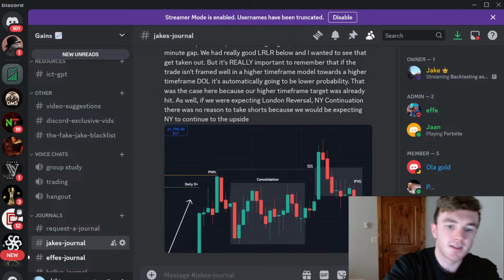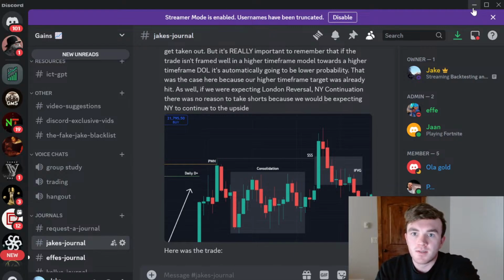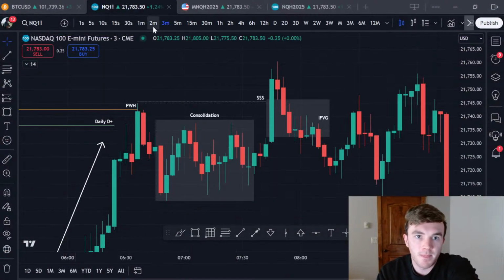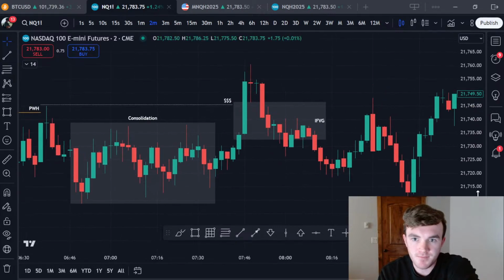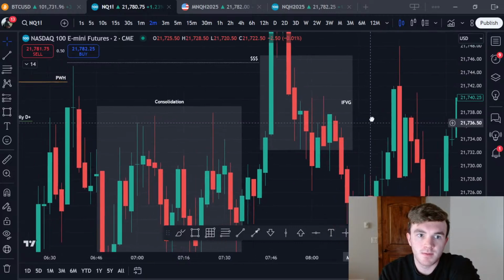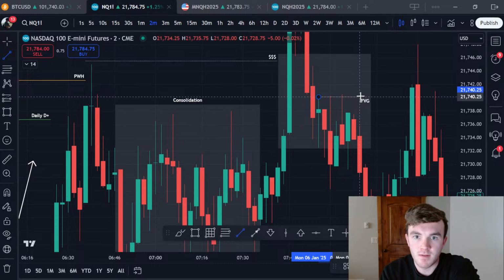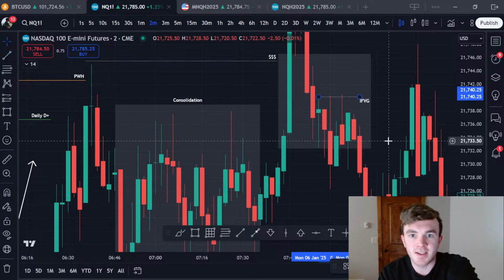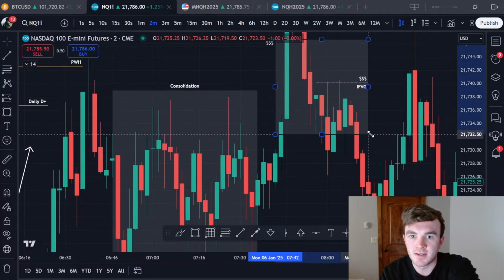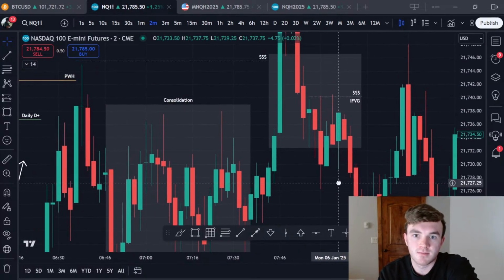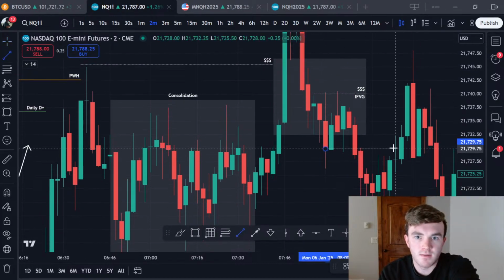But okay, here was the trade. I'm wondering what rules maybe I can make out of this, but so we come up, sweep this high, barely. To be honest, in hindsight, that's more like relatively equal highs than a good sweep, but I guess it's still a sweep.